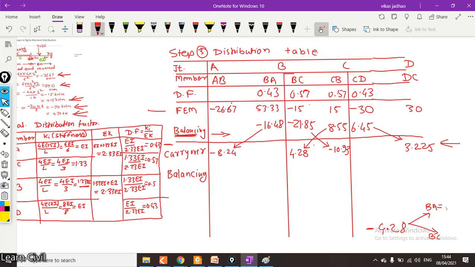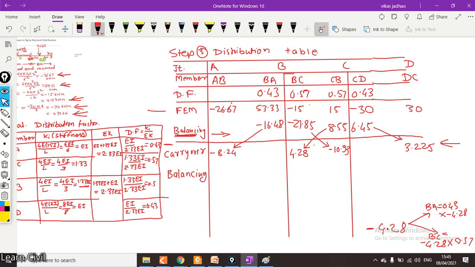So for BA it will be 0.43 into minus 4.28. 0.43 is the distribution factor here. And for BC again multiply this minus 4.28 with the distribution factor, that is 0.57.